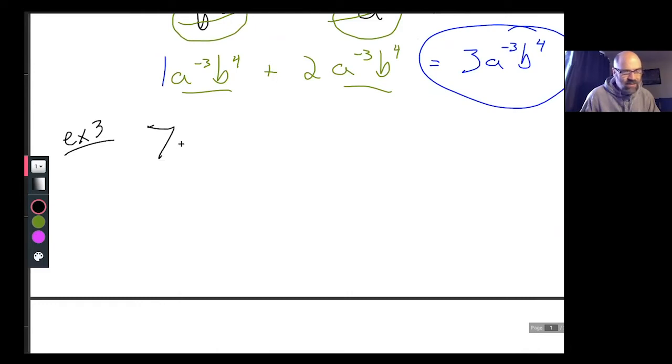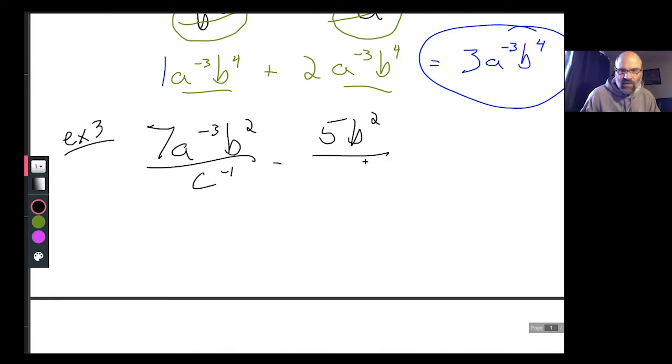7, a to the negative third, b squared all over c to the negative 1, minus 5b squared over a cubed c to the negative 1, plus 3b squared all over a cubed c.